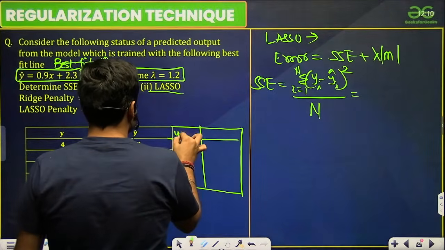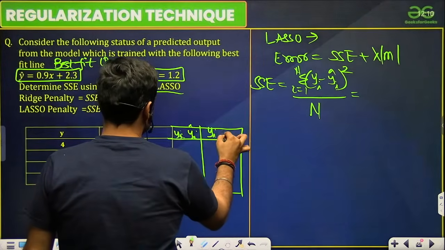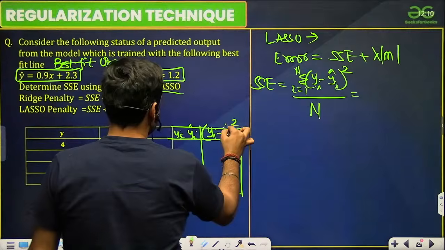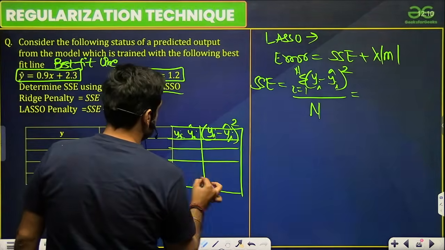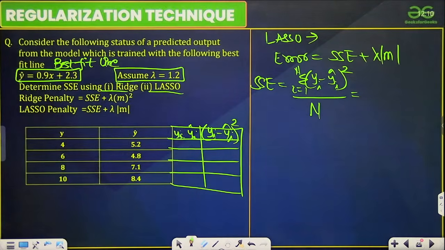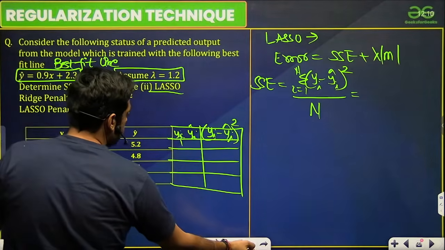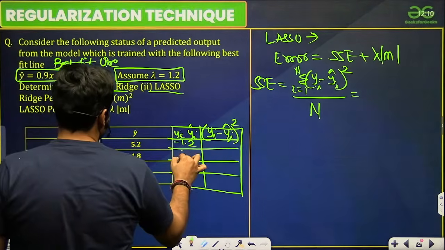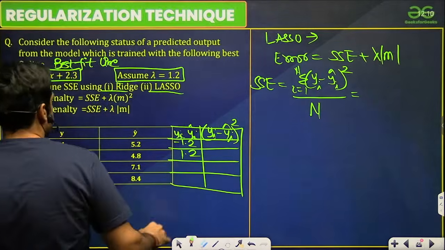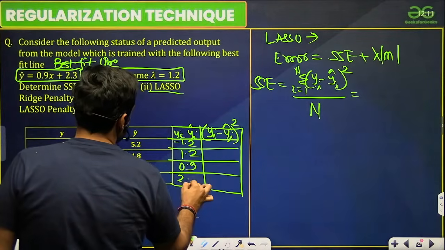This is yi minus yi hat, and this is yi minus yi hat whole square. So 5.2 minus 4 is 1.2, then 6 minus 4.8 is 1.2, 8 minus 7.1 is 0.9, 10 minus 8.4 is 1.6.